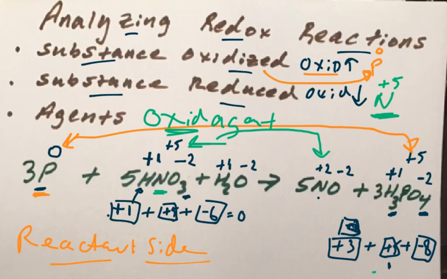To find the oxidizing agent, it's the substance that got reduced. I'll say it again. How do you figure out agents? You flip the name around. So the oxidizing agent is a substance that got reduced, and this guy right here, nitrogen +5, is your oxidizing agent.